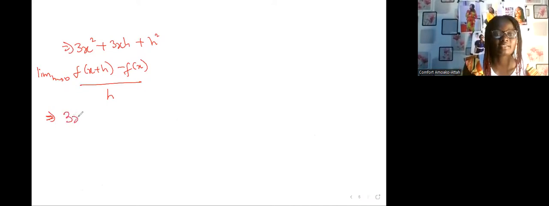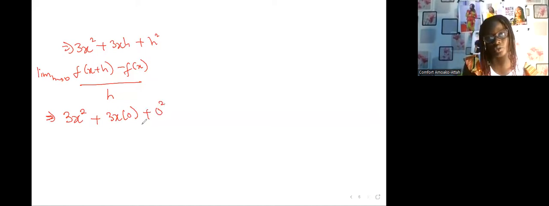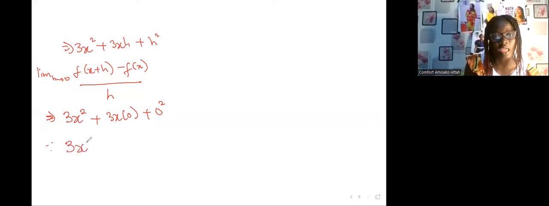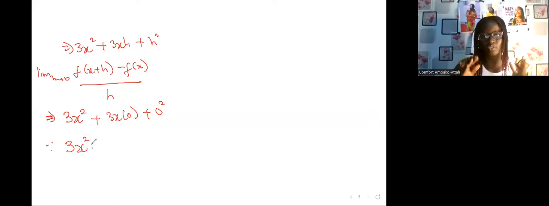So this will give us 3x squared plus 3x times 0 plus 0 squared. So you know this is equal to 0. So our final answer is 3x squared. So simple. When you go step by step, you will be able to solve it.